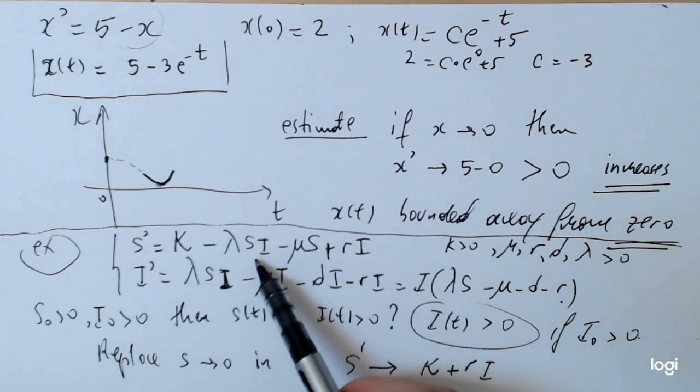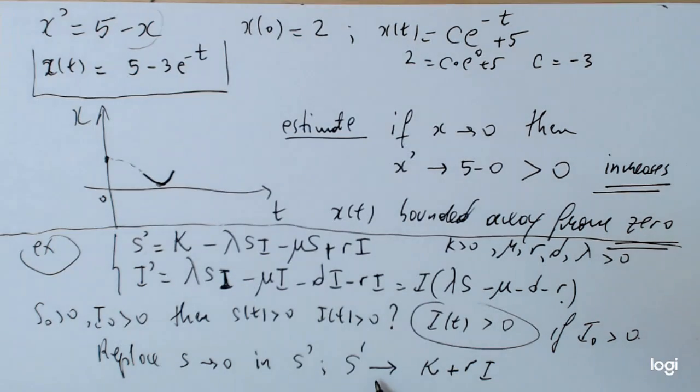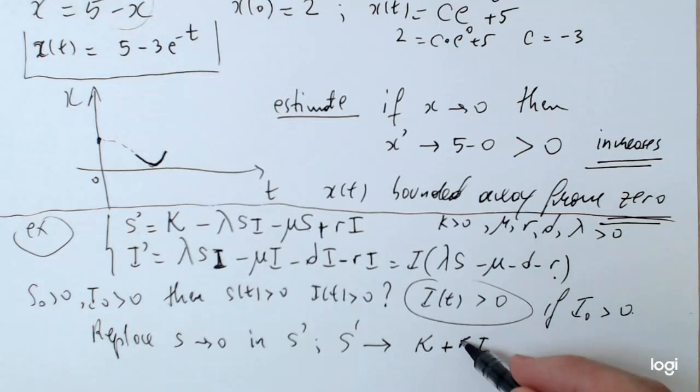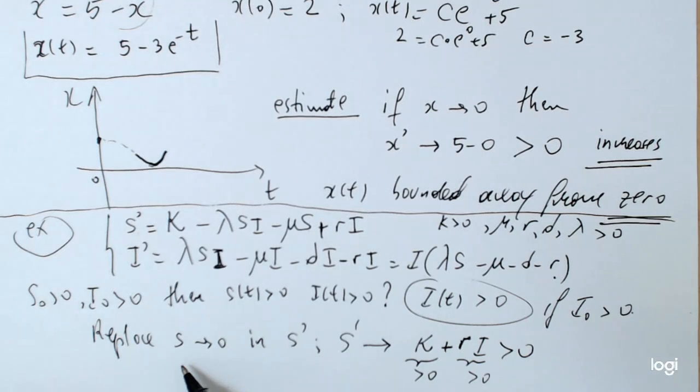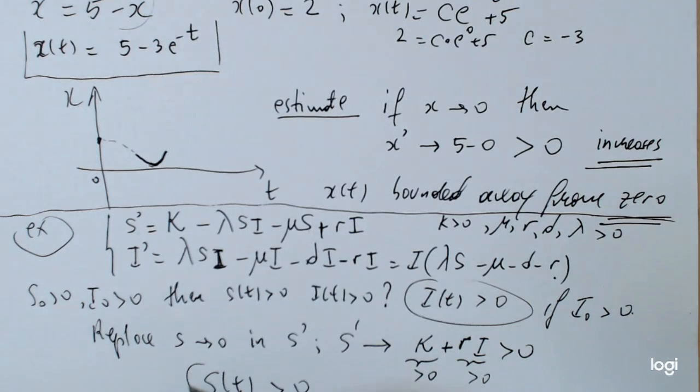If S is very small, the right-hand side of S prime becomes K plus R I. Now we previously proved that I remains positive. K is a strictly positive constant, so S prime is strictly positive if S dares to come close to 0, which means S of t is also positive.